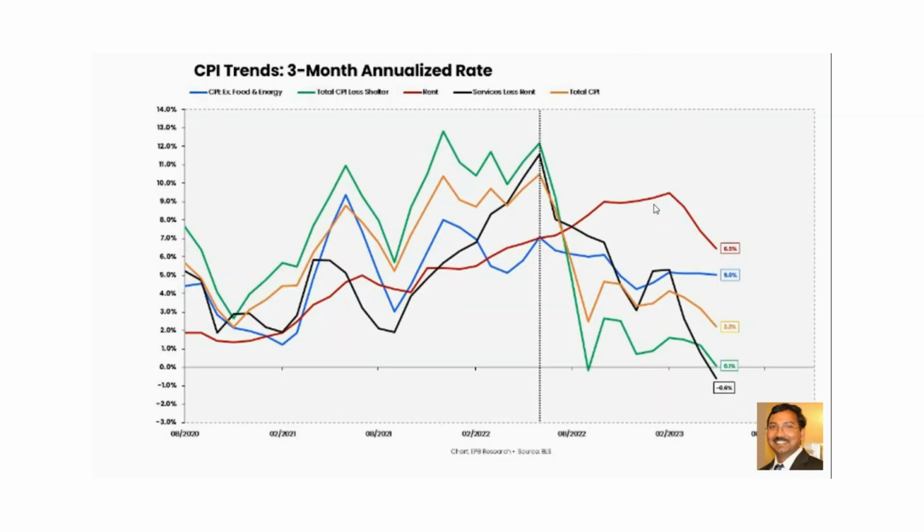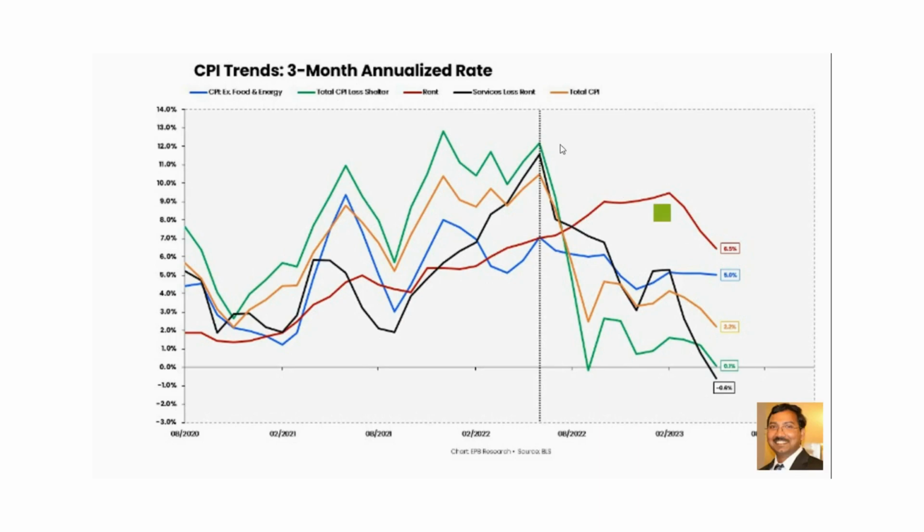And I feel this is one of the good charts, because month on month we have a lot of noise, like one month goes up and one month goes down. With 12 months, we cannot take an average because we do not know how the situation was 11 months back compared to now. So the 3-month annualized rate is pretty good compared to month on month and year over year.